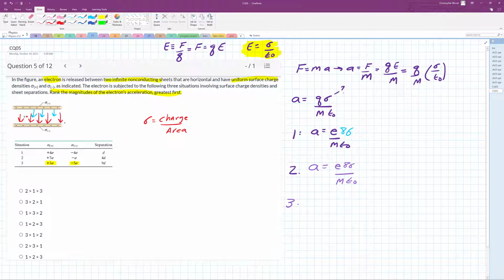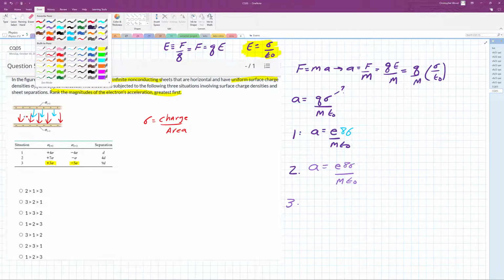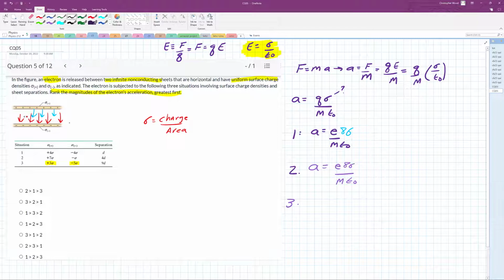Once again, this corresponds to an overall surface charge density equivalent to 8 sigma. 3 of the sigmas come from the top plate, and 5 are provided by the bottom plate, so cumulatively 8.